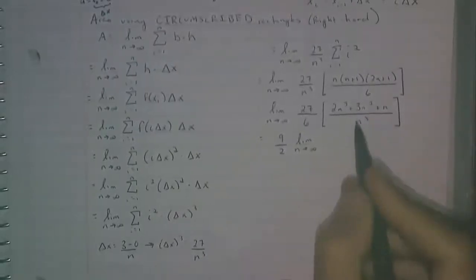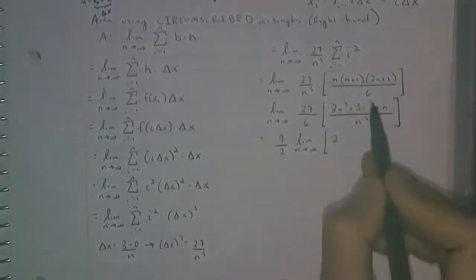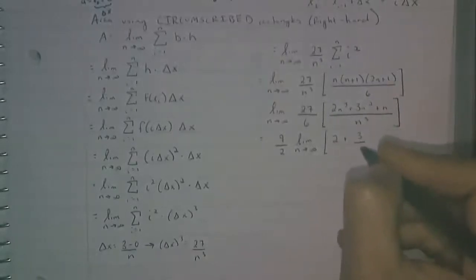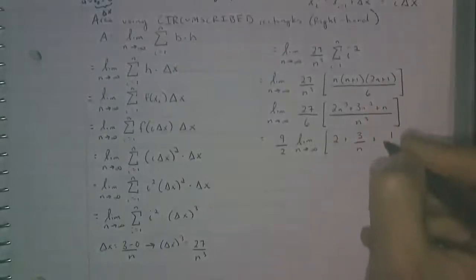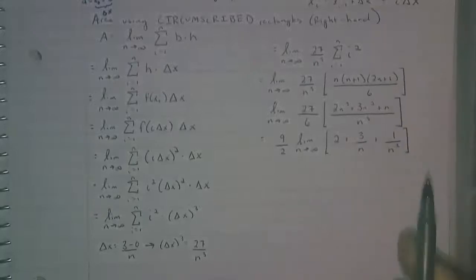So 2n cubed divided by n cubed is like 2. 3n squared divided by n cubed is like 3 over n. And n divided by n cubed is like 1 over n squared. And now only at this final step do we turn this up to infinity.